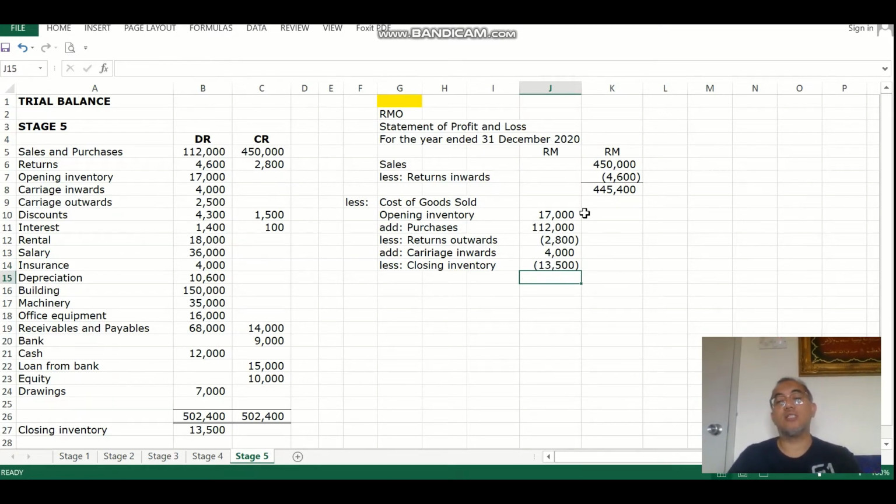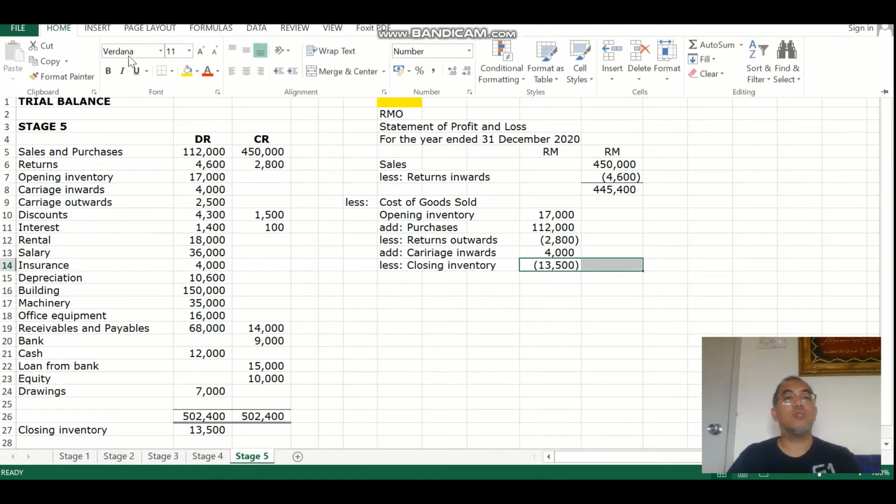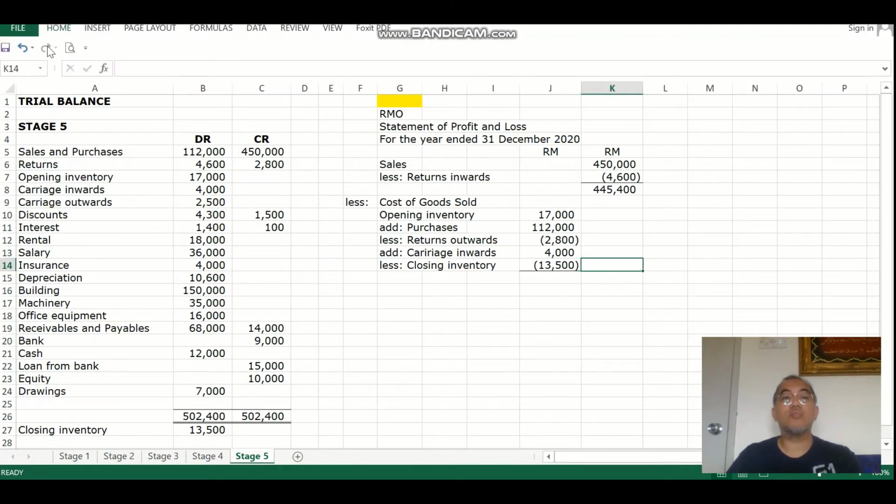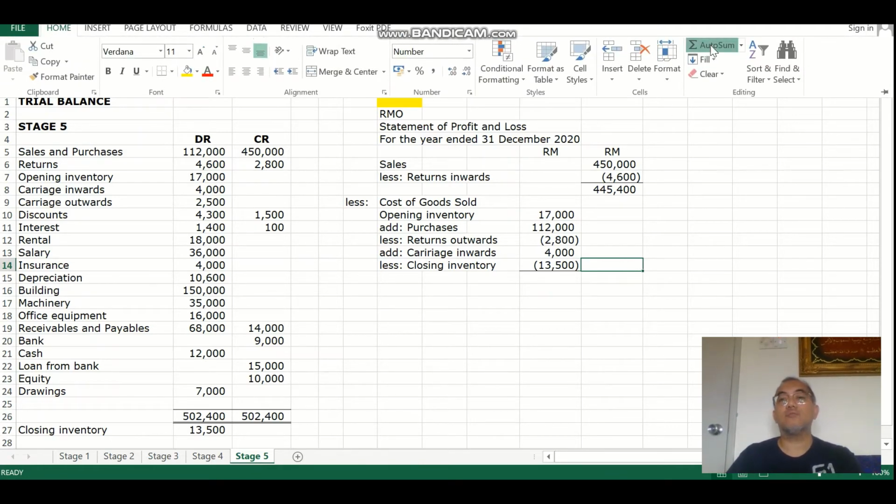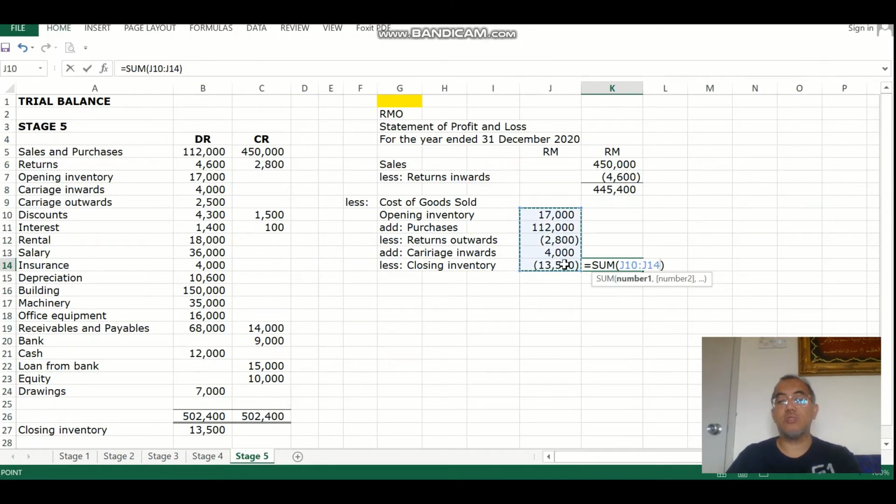Okay, so that's it. So I put the line, and then I total up my cost of goods sold. The total of my cost of goods sold is 116,700. This is the cost. And I need to minus from my net sales, because here sales minus cost of goods sold.